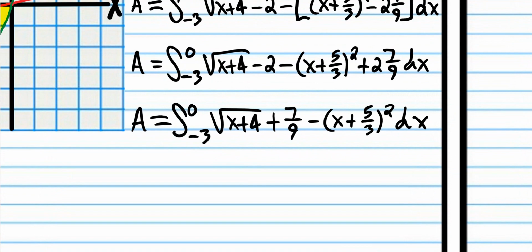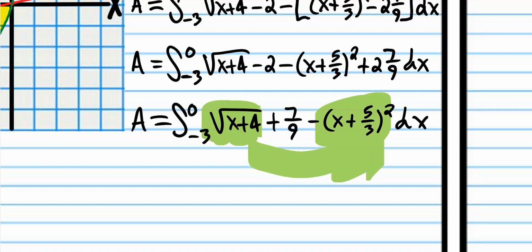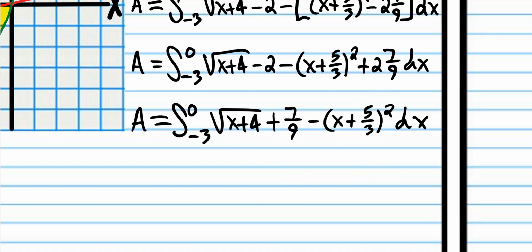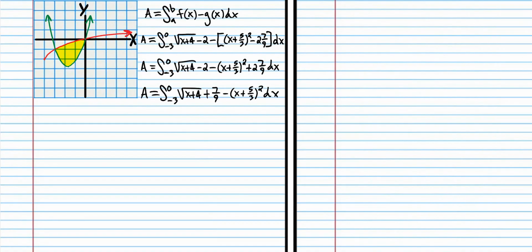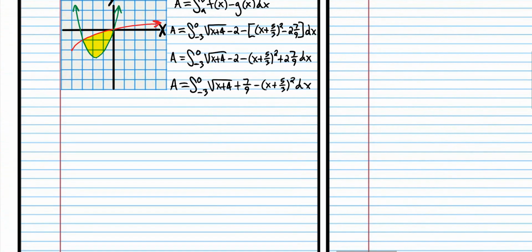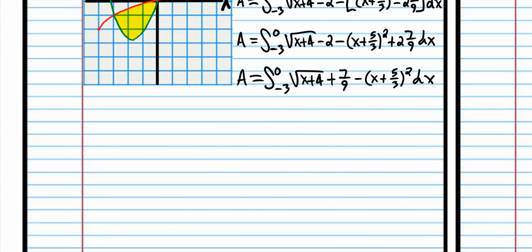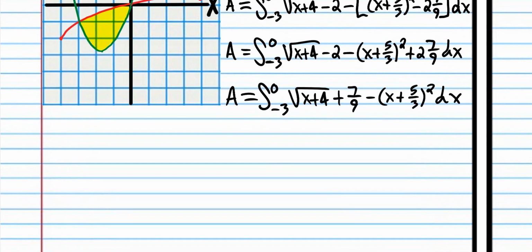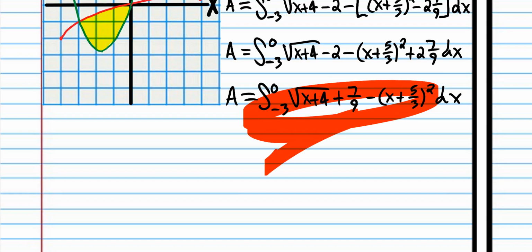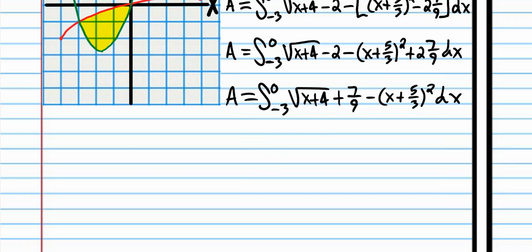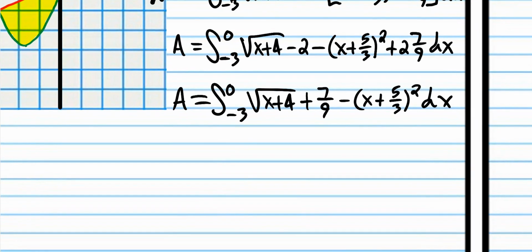Okay, so in this situation, you see we're going to have to use U substitution here and here. We don't want to use U substitution with the integral compact like this and with one big expression, because if we let U equal x plus 4, well, that means that U cannot be x plus 5/3.